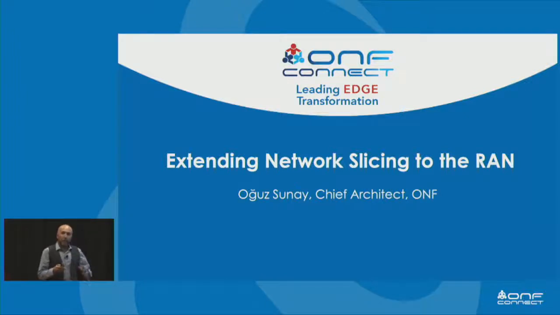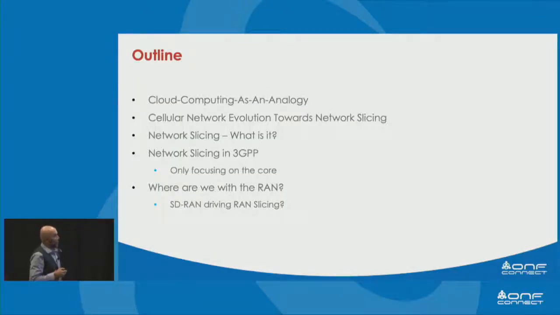Because those three people, the startups, all come from the cloud world, I thought, okay, we should start with comparing and contrasting cloud and telecommunication networks. So I'm going to start this with cloud computing as an analogy.